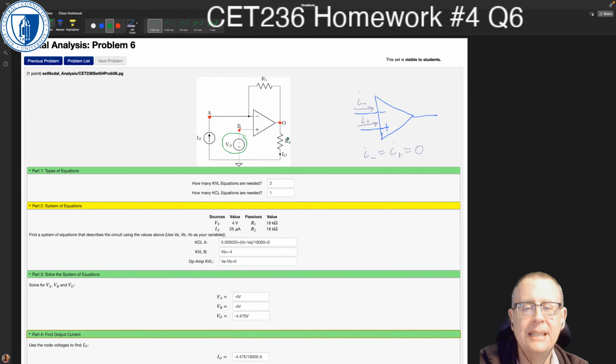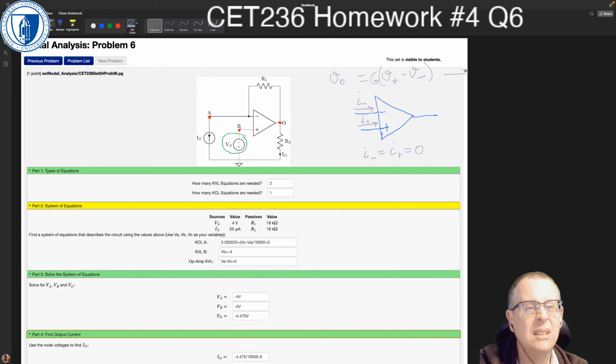And then the other KVL is to do with the other property of an ideal op-amp: the output voltage is equal to the gain times V plus minus V minus.